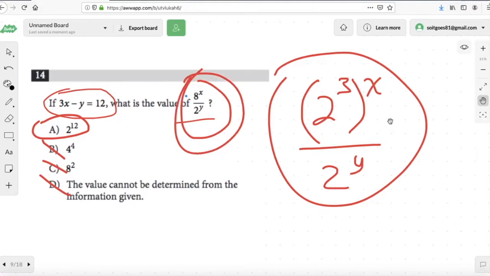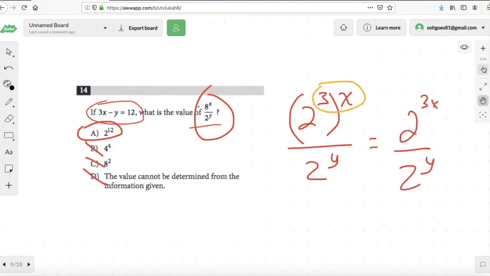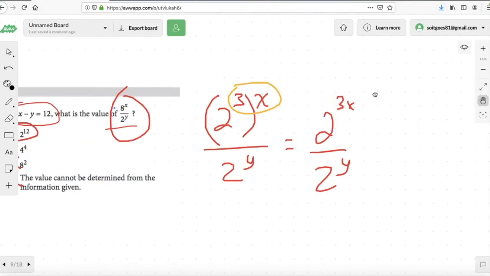Yeah, okay. And now we know the operation with the exponents up here. What do we do with those exponents? Multiply them. So we get 2 to the power of 3x over 2 to the power of y. Does that make sense? Yes. Okay. We've gone over this operation already.